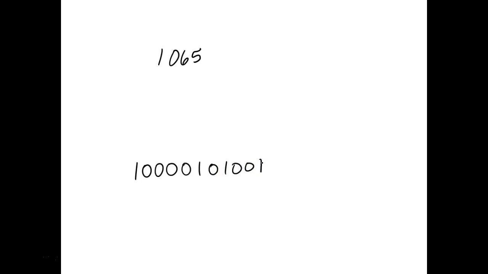Okay. See how complicated that is? Of course, I can check it, right? 1, 2, 4, 8, 16, 32, 64, 128, 256, 512, 1024. It's going to be 1024 plus 32 plus 9. That's it. Okay.